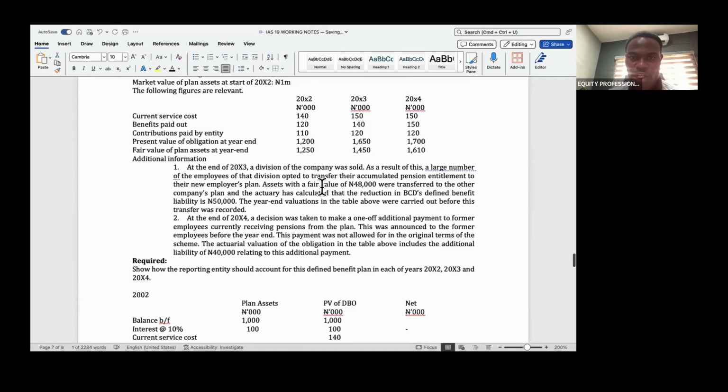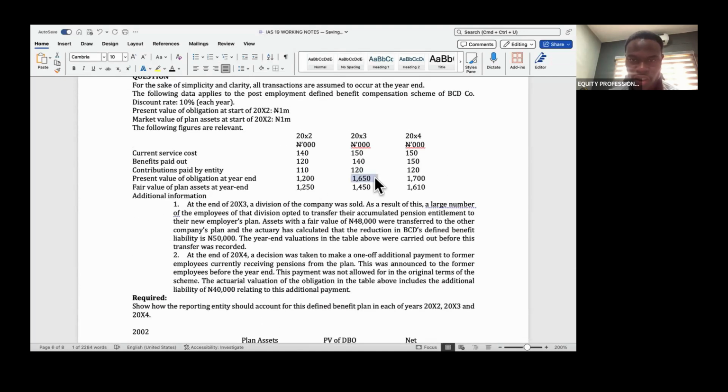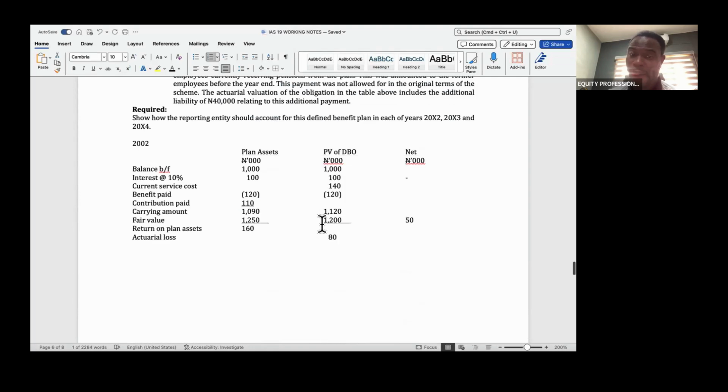They said that the valuation they gave us here, this 1,650 and 1,450, were carried out before this transfer was recorded. So that means they haven't transferred the assets, they haven't reduced the obligation. So by these respective amounts, which we have to do.